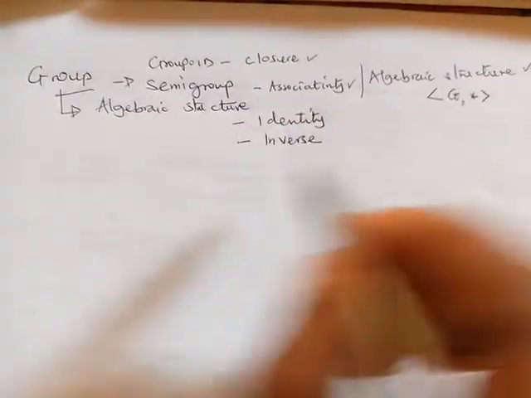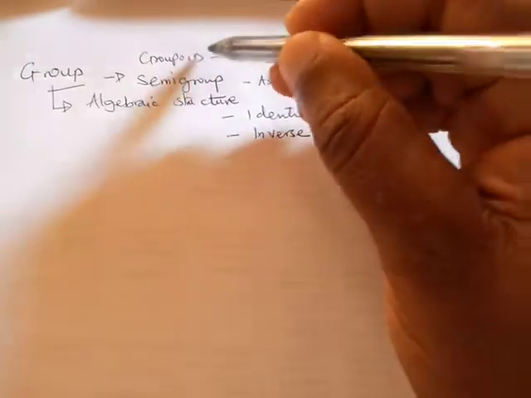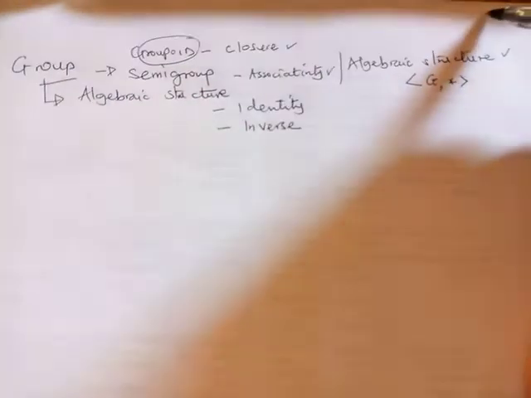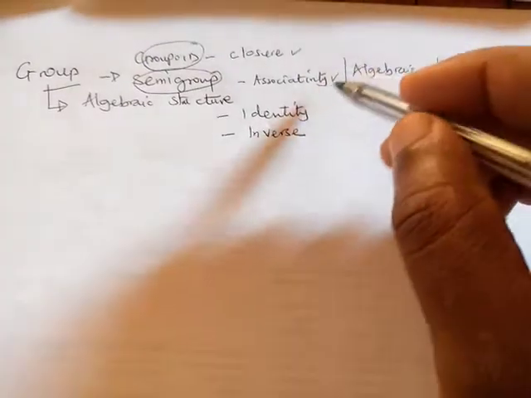Therefore, a group is, first, a groupoid; secondly, a semi-group; and thirdly, has an identity and an inverse.